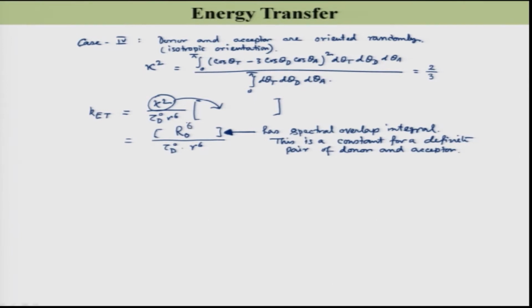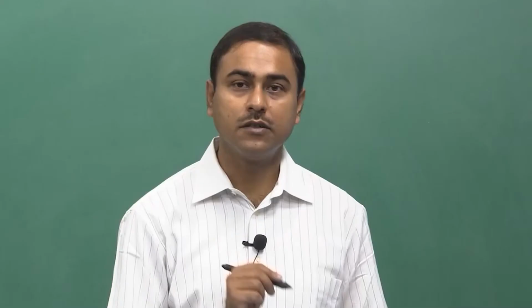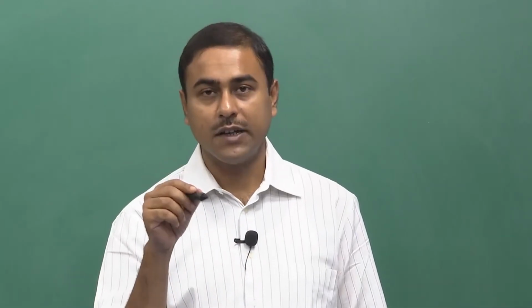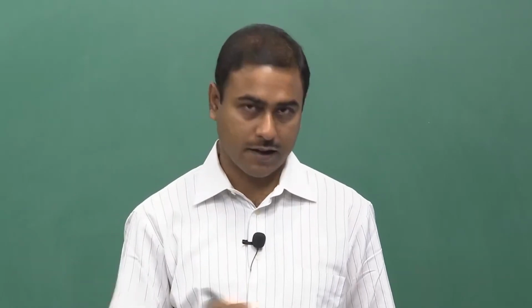That I can do as per my desire, right. It is written capital R0 to the power 6. And if you know the overlap integral between this donor and acceptor, and from the expression of this quantity over here, you will be able to calculate the value of R0, and that value of R0 is fixed for a definite donor and acceptor.